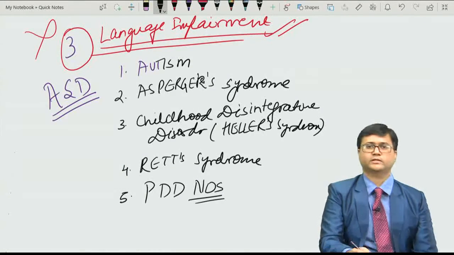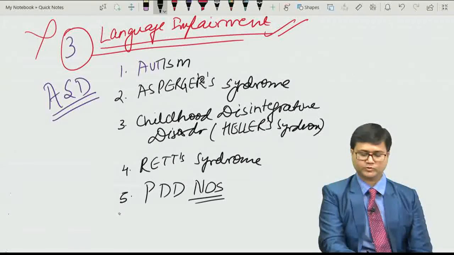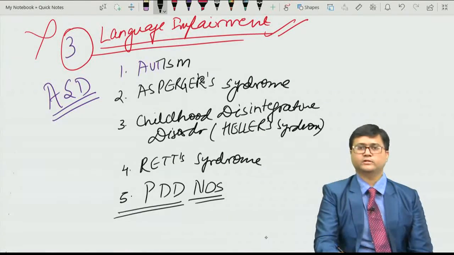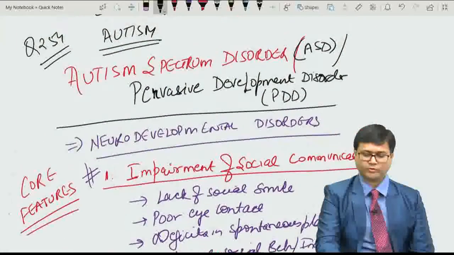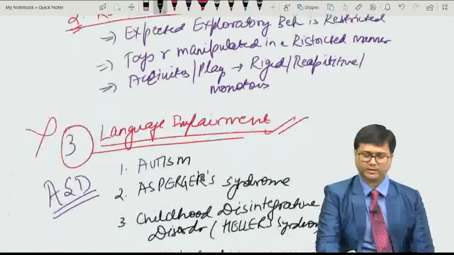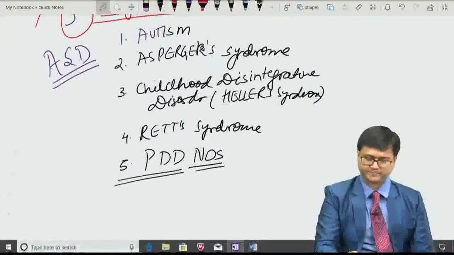So if the criteria of the above are not fulfilled, it will be diagnosed under PDD, not otherwise specified. So these are the important features of autism spectrum disorder, very important.